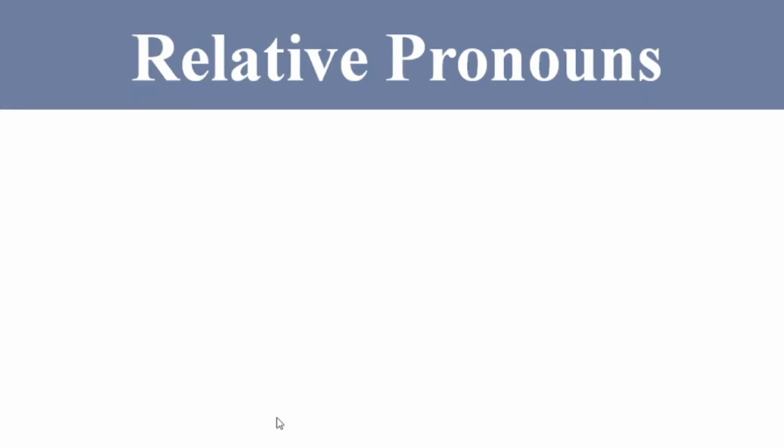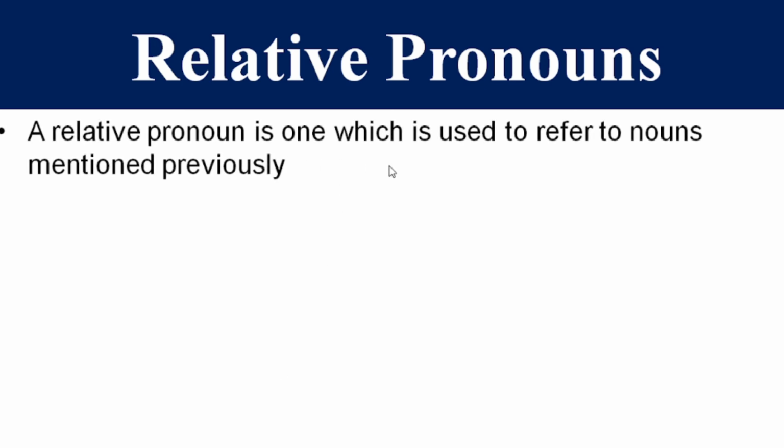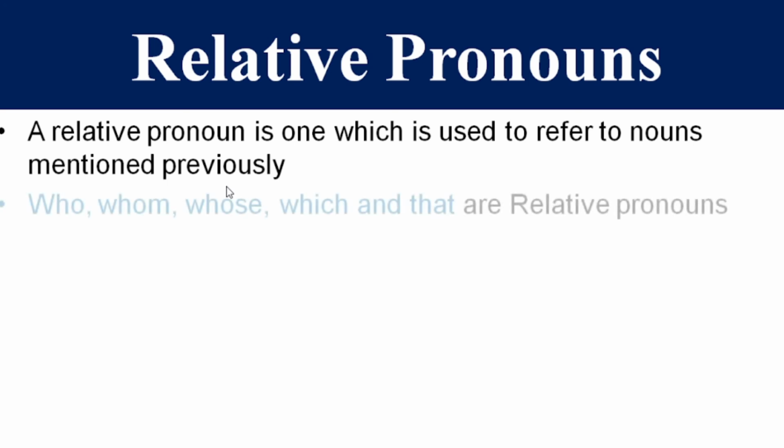Look at the next type of pronouns, that is relative pronouns. A relative pronoun is one which is used to refer to nouns mentioned previously. Relative pronouns are who, whom, whose, which and that. So these are the relative pronouns.